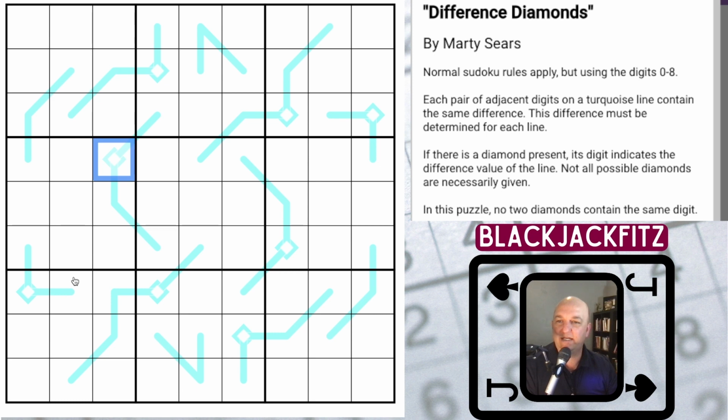It would have to be like a 2-cell line or something, right? It would be very tough to have that kind of line anywhere, because each cell would have to be in a different box. These are all 3. Each of them has at least 2 cells in one box. So there's no 0 line, which means that this is essentially a set of the digits 1 through 8 somewhere in the grid.